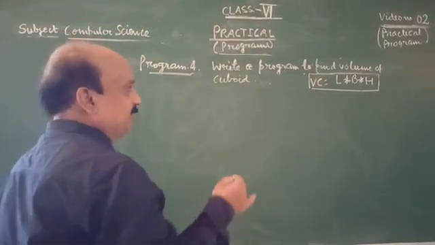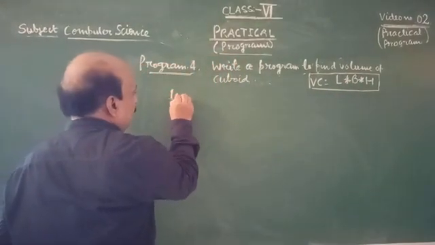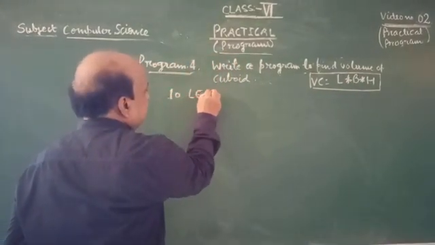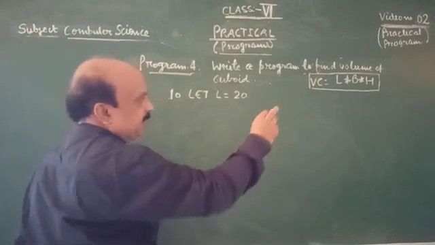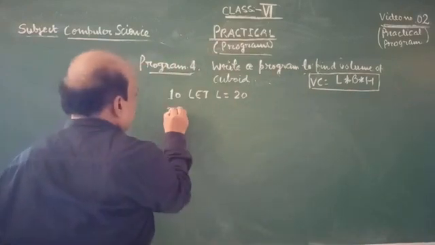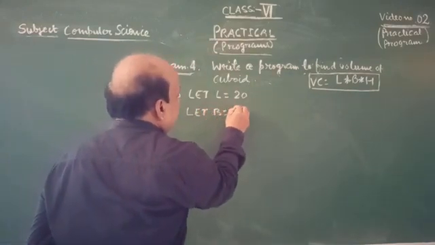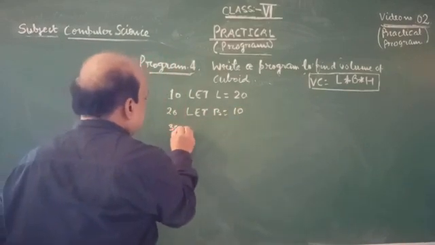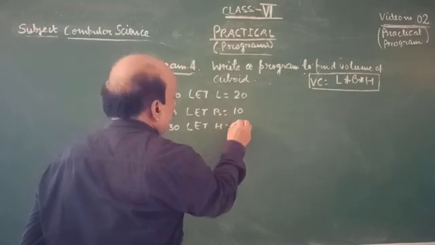Clear? So what you will do, from this side you will start to input the values. Then let L equal to 20, first value, then 20, let B equal to 10, 30, let H equal to 5.